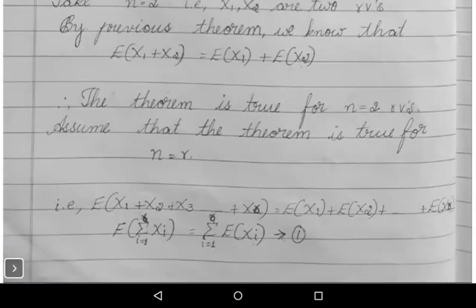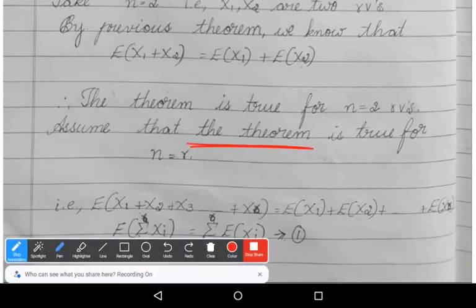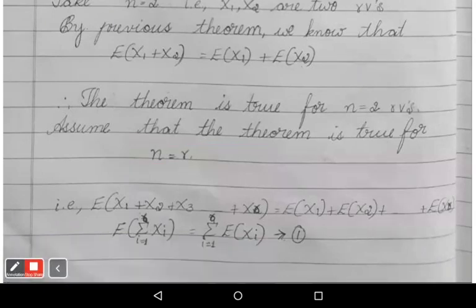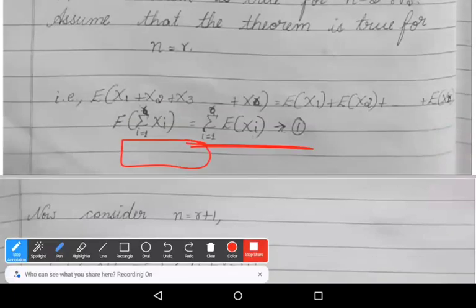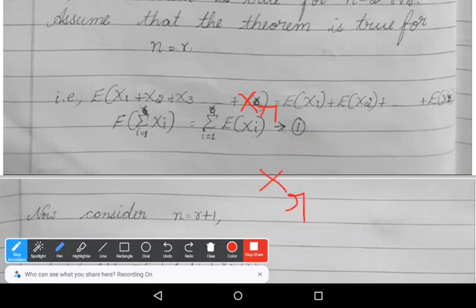Now assume that the theorem is true for n is equals to r. It means expectation of x1 plus x2 plus and so on plus xr. Please observe that this symbol is xr, the last term.